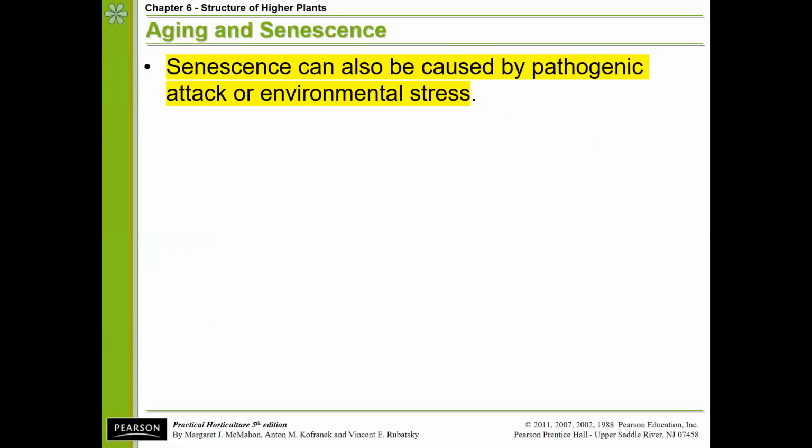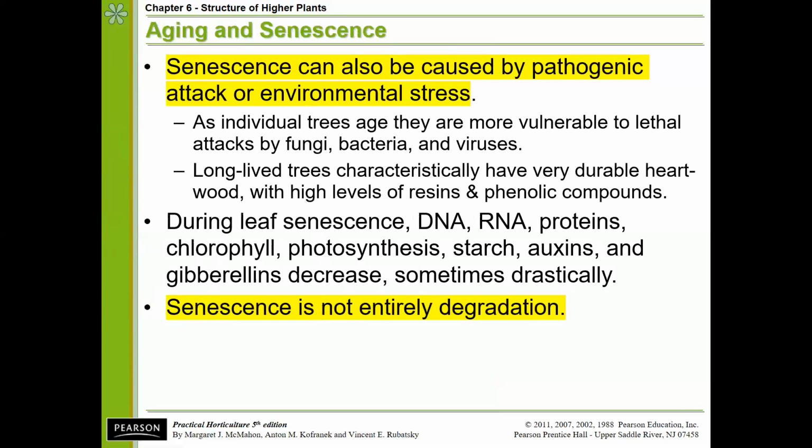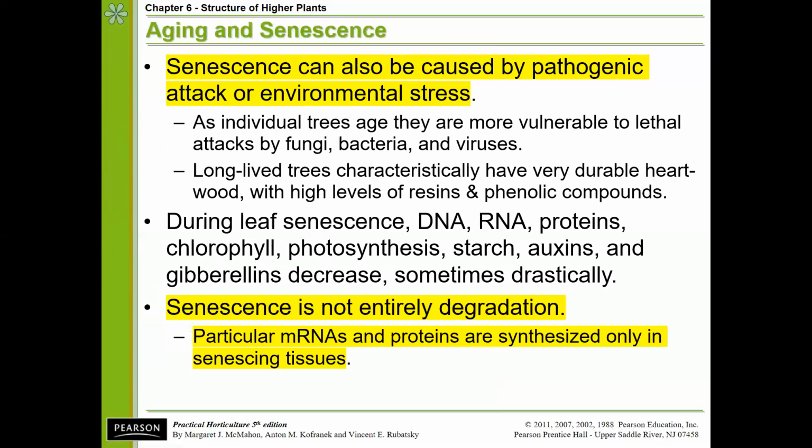So senescence, of course, is caused by the natural maturity of the plant, the aging of the plant, but can also be caused by attack of pathogens and other environmental stresses. And as I mentioned before, it's not entirely just degradation.